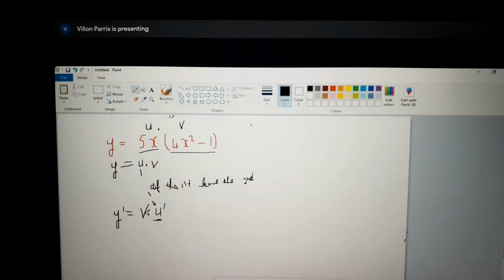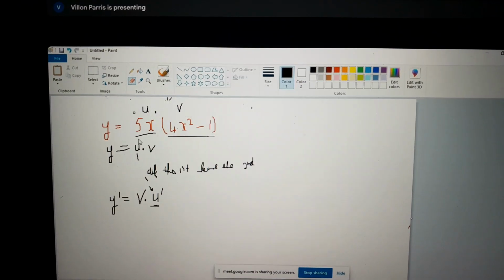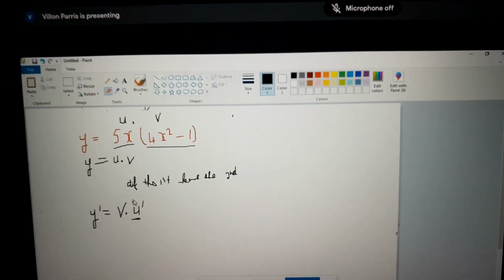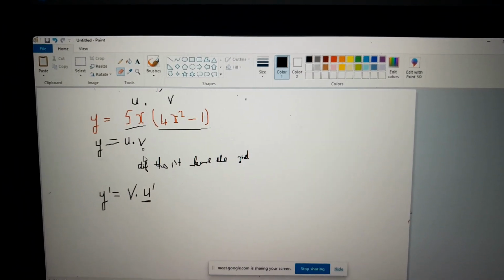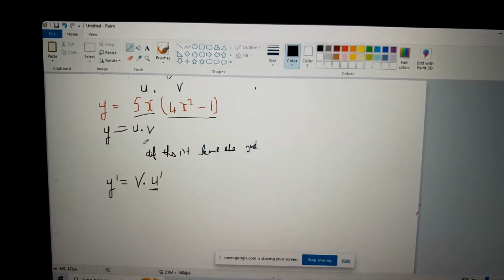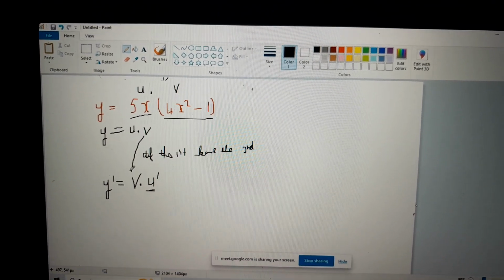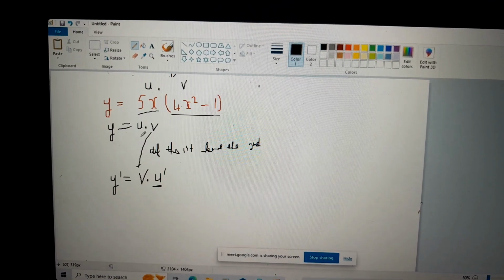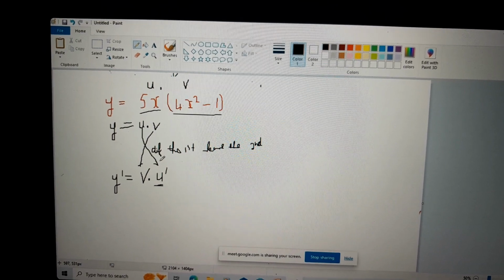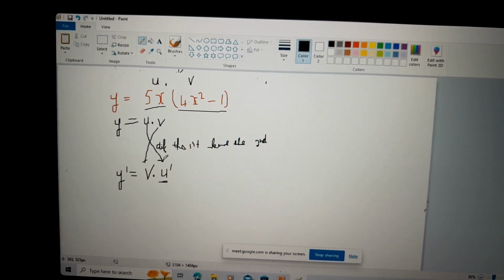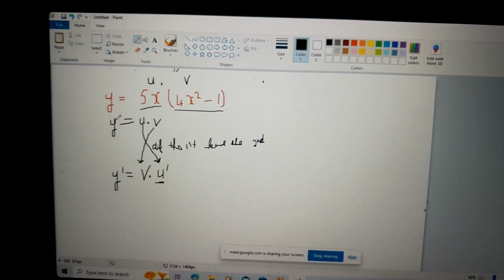So the v function comes back there. Are you following? Yes, sir. That was my second function, but the first function is u, but I differentiated it. That's why I have u prime. So I differentiated the first and I left the second. Is that clear?